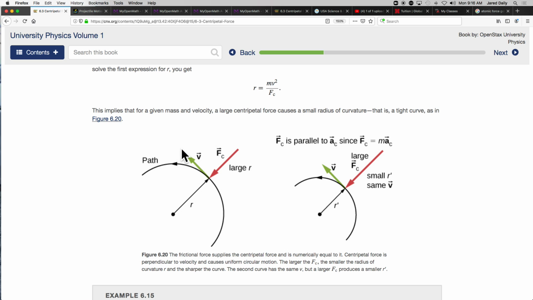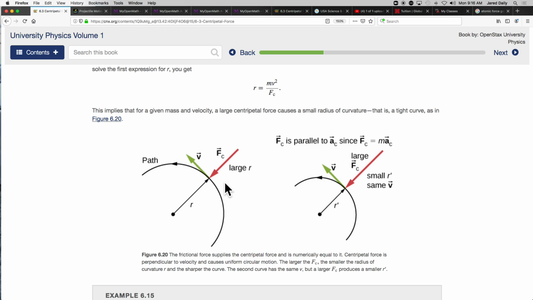That's actually why it doesn't change the speed of the object. It just changes its direction, because there's no force pushing it in the direction that it's moving. It only changes the direction. It just pushes it into a different direction.